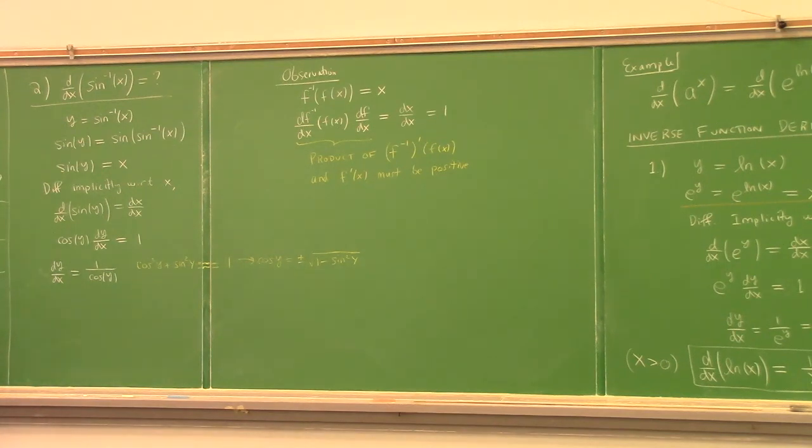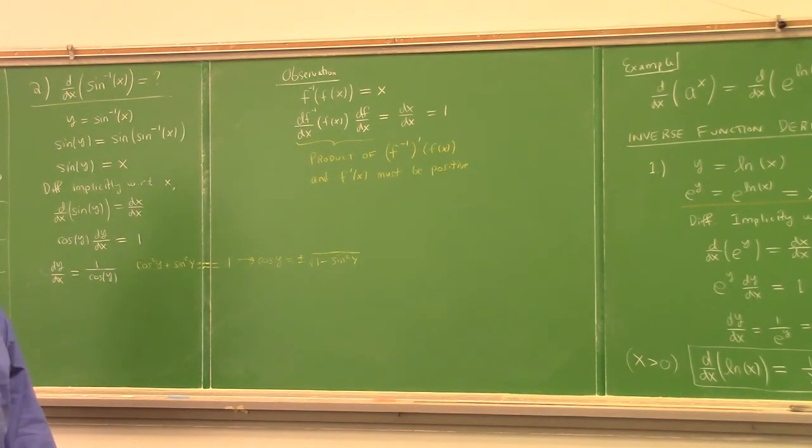But my question is, are we going to choose the plus or the minus? So sine is the inverse function here, and the derivative of sine is cosine. If cosine is positive, we have to choose the inverse function derivative to be positive.